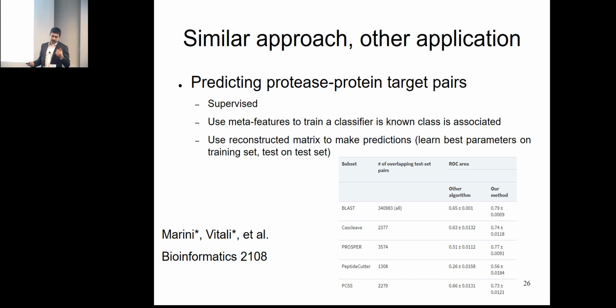This problem in bioinformatics is very well known. The first algorithms trying to predict proteases and protease targets were deployed 15 years ago, more or less. And what happens is that some proteases are very well studied, while others are not.